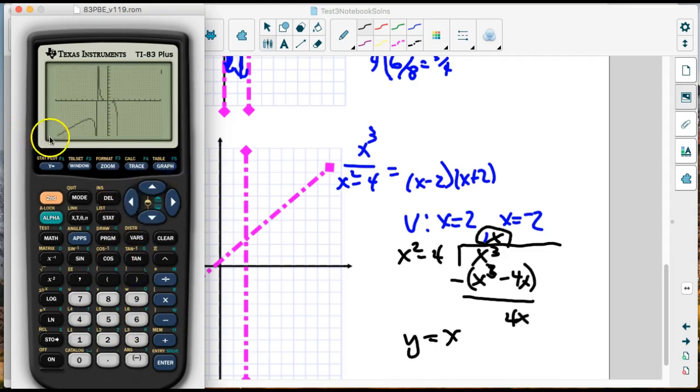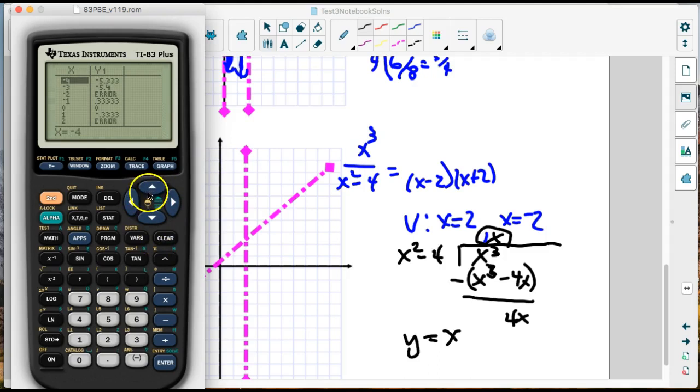So it looks like it's approaching the asymptote here. And then it looks like there's a little piece in the middle, and then there's this other part that's in the asymptote. So let's try some values here. So we're going to go to table. I'm just going to go to auto, which is going to start at 0 and count by 1. This way I have a few values. Okay, and I can scroll up and down to get negatives.